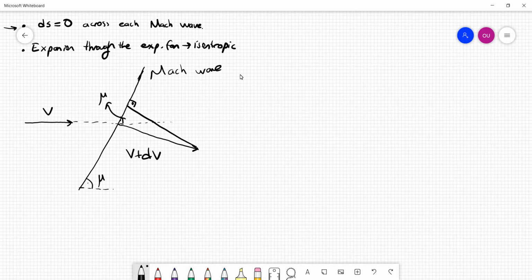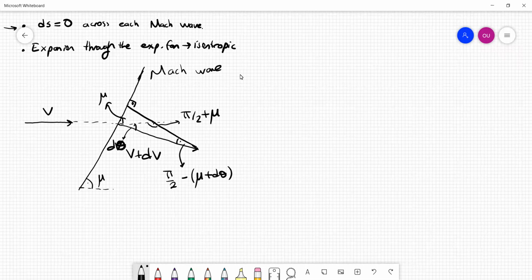This angle is 90 degrees, and this angle is a small deflection from the original, so let's call it d theta. I'm sorry, not dv, d theta, not the velocity but the angle, a slight deviation. Therefore, for example, this angle is pi over 2 minus mu plus d theta, and this angle is pi over 2 plus mu from the geometry in this triangle.